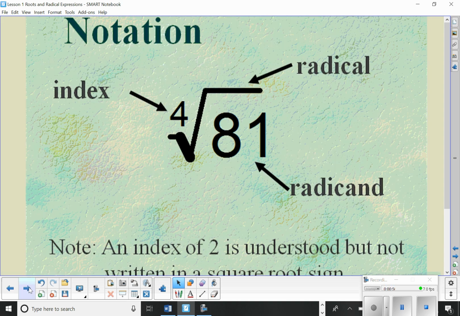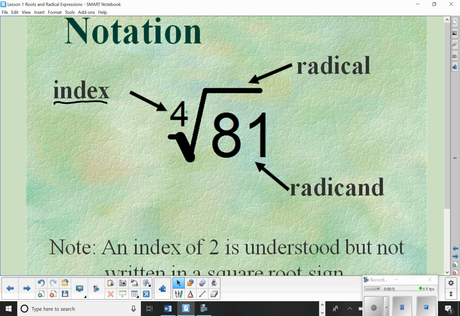Now, notation, very important. We have the index. That's this little guy here, the 4. He's kind of inside of the little check mark part of the radical. The radical is this check mark symbol. This bar here is actually called the inclusion bar because it goes over everything that's included in the radical.